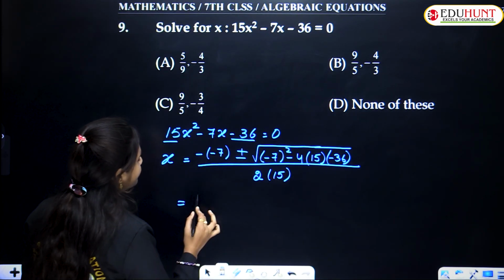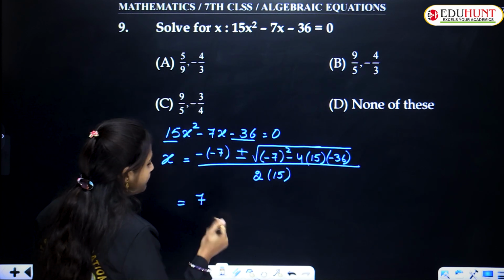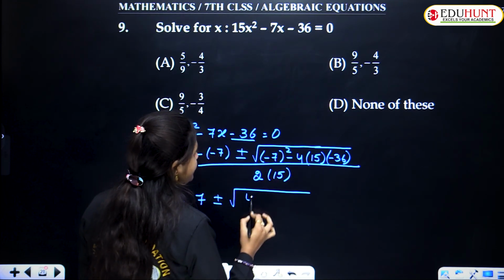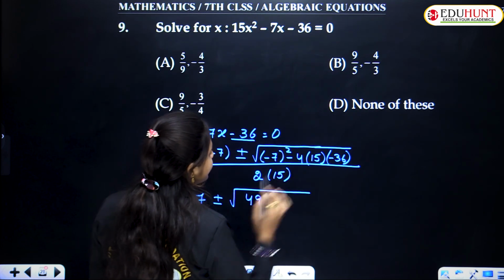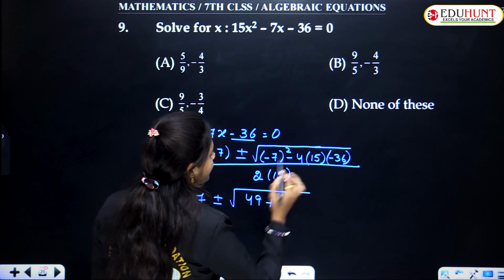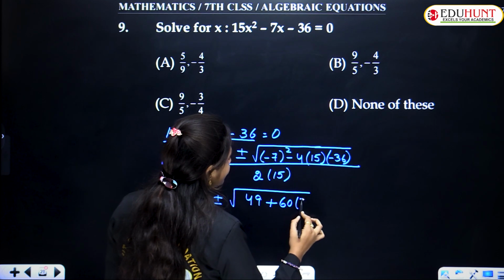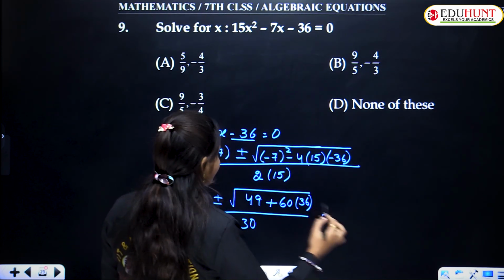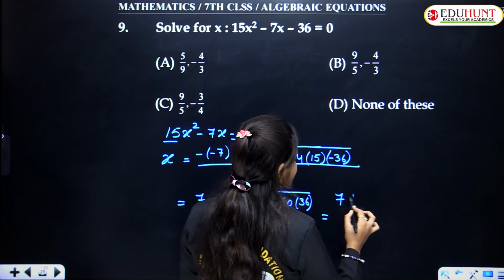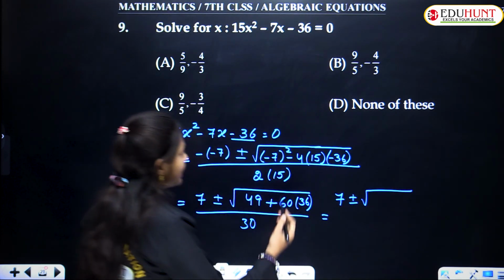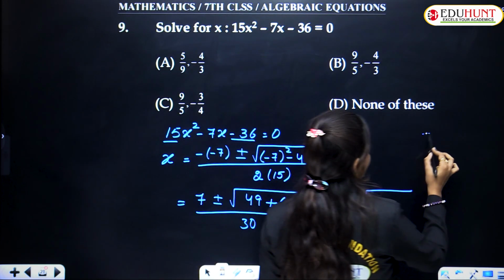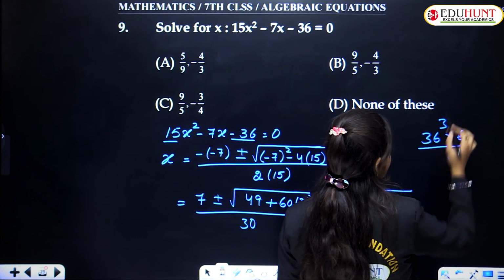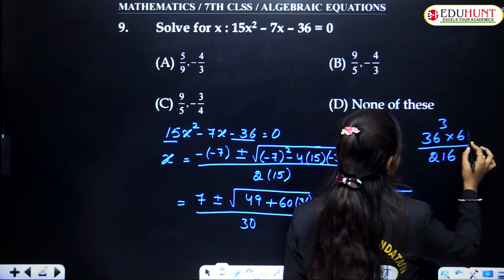Which is equal to minus into minus plus 7, plus or minus square root of 7 sevens are 49, and here minus into minus plus, 15 fours are 60, 60 into 36, whole by 30. Which is equal to 7 plus or minus square root of, here 60 into 36, so 36 into 60. 6 sixes are 36, 6 threes are 18, which is 216.